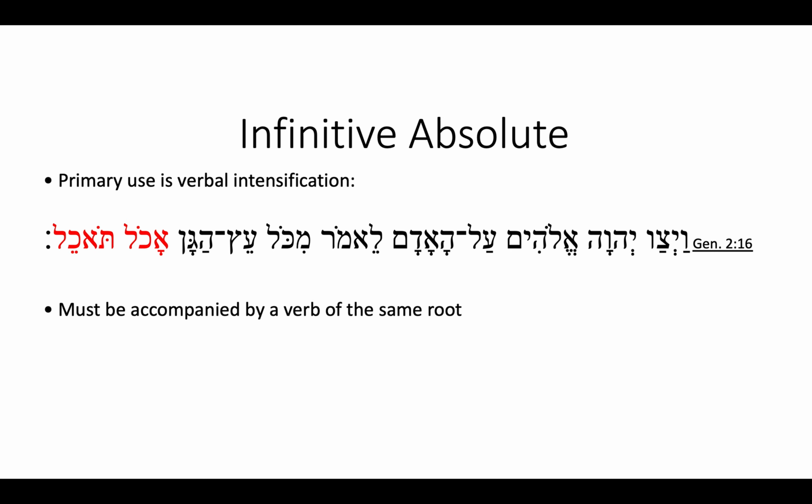Of course, there's that one exception coming up, but in your translation, some way has to reflect this idea of intensification. So you may eat, you will eat, has to be you may eat, you will, or you really may eat, or you surely should eat, something like that.